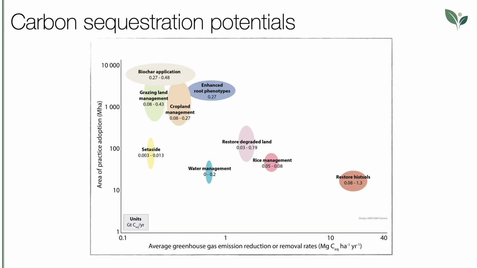So what is the potential of different methods of carbon storage? Here we can see on the x-axis, logarithmically, the average greenhouse gas reduction rate per hectare and per year. On the y-axis, also logarithmic, is the possible total area worldwide for that measure. And for each measure, the amount of carbon is shown in gigatons.